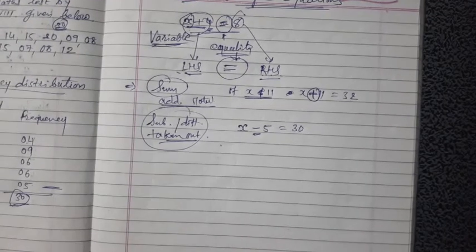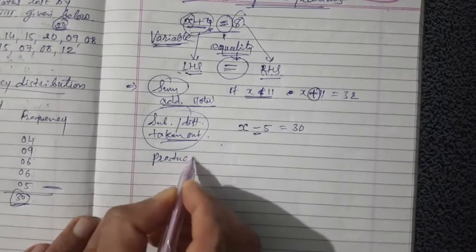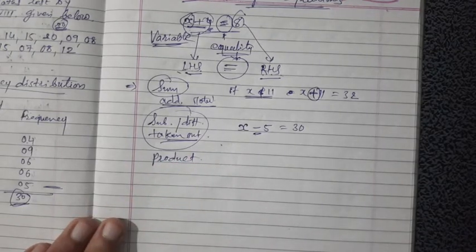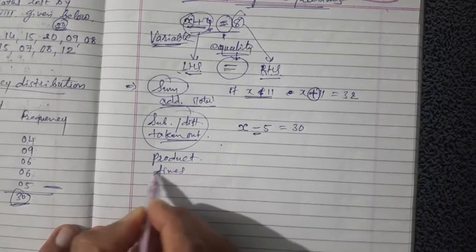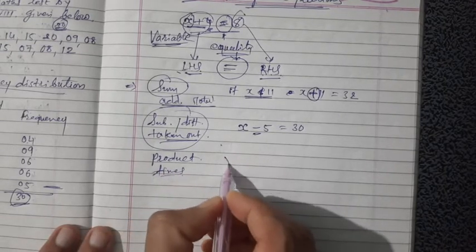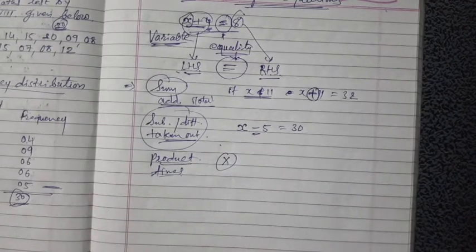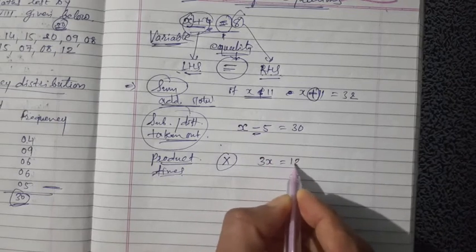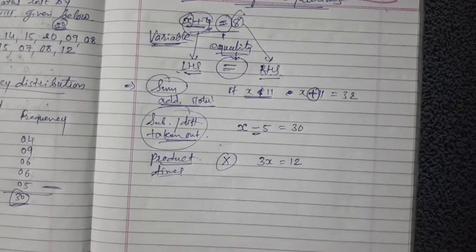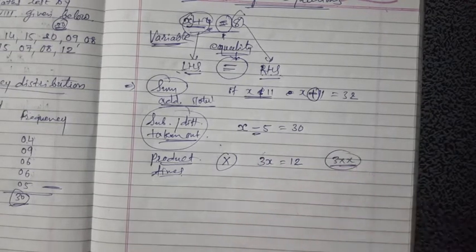Okay, same for product. If the word product is there, or times, these types of words are there. At that time what to do? You just multiply them. Product of 3 and x, that is 3x, is 12. 3x means 3 into x, they are in multiple form.